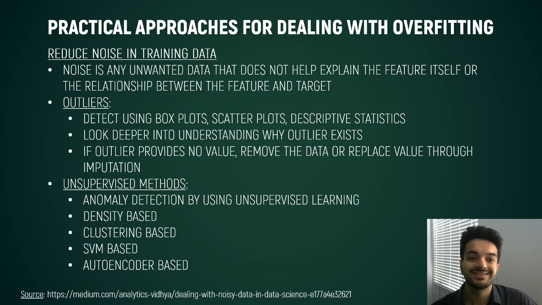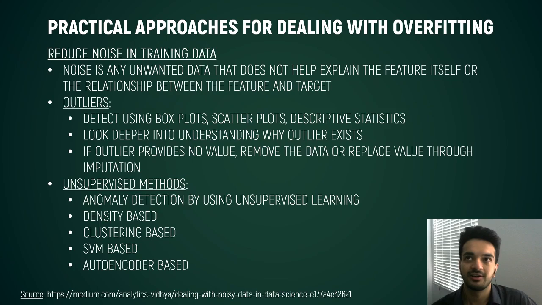And another interesting way to reduce noise is through unsupervised methods. So this is basically anomaly detection using unsupervised learning. By unsupervised learning, you could use density-based methods, clustering-based methods, or support vector machine-based methods, and even autoencoder-based methods for doing this.